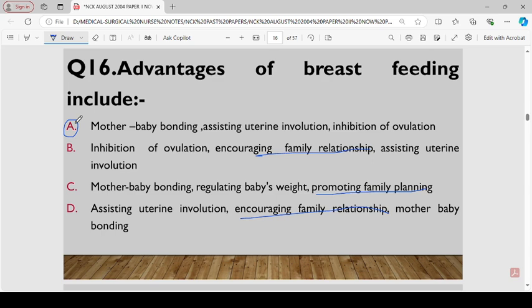Mother-baby bonding, assisting in uterine involution, and also inhibition of ovulation, and that explains why the lactational amenorrhea method can also help in terms of family planning, right? So these other options are wrong. The best is option A.